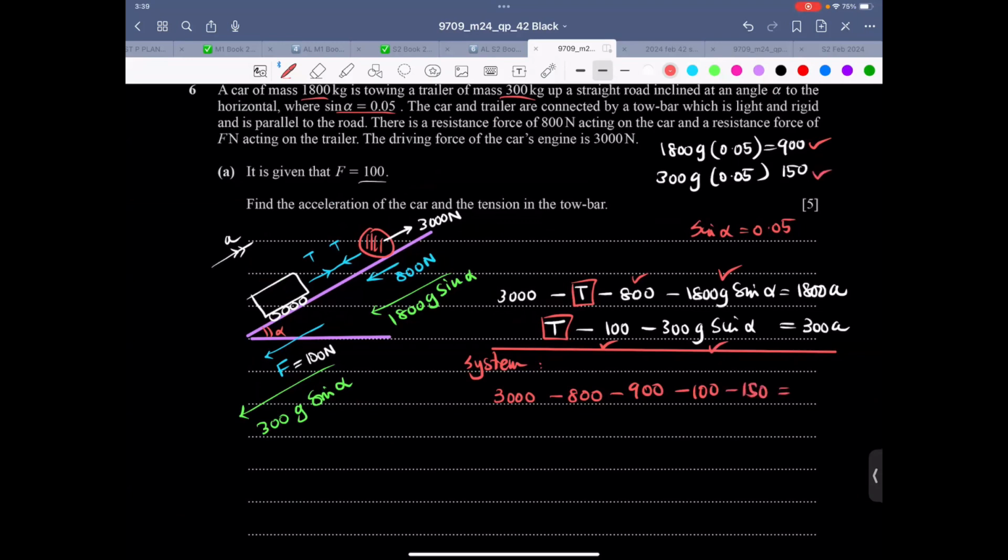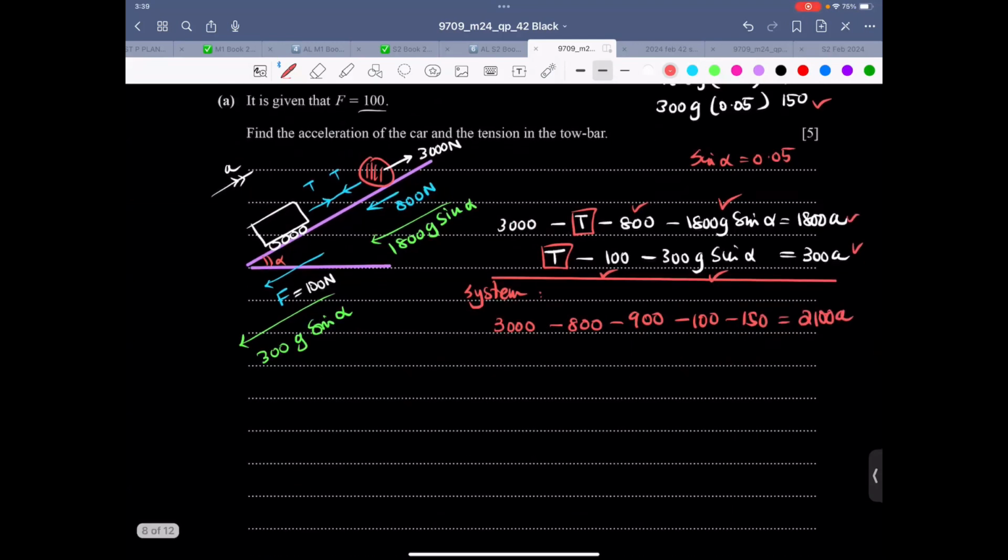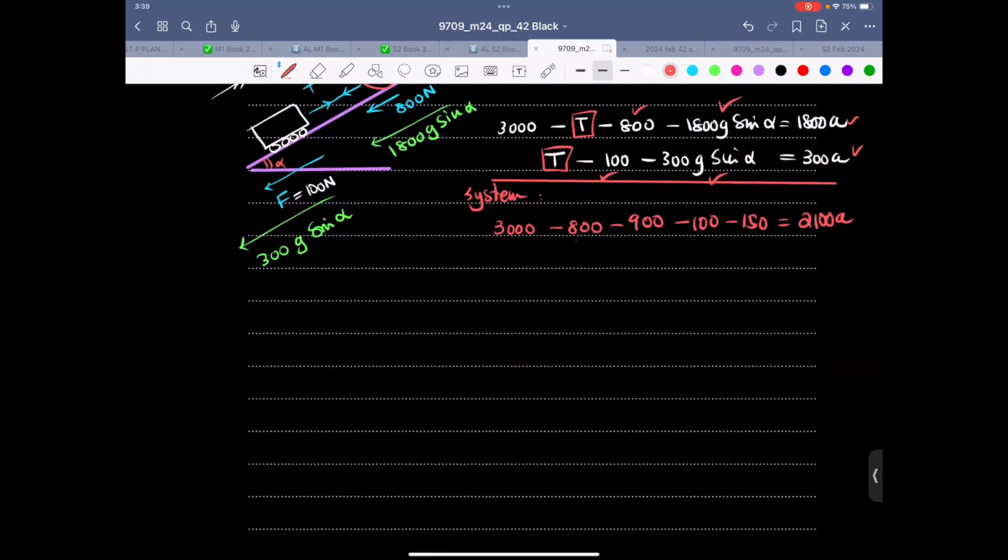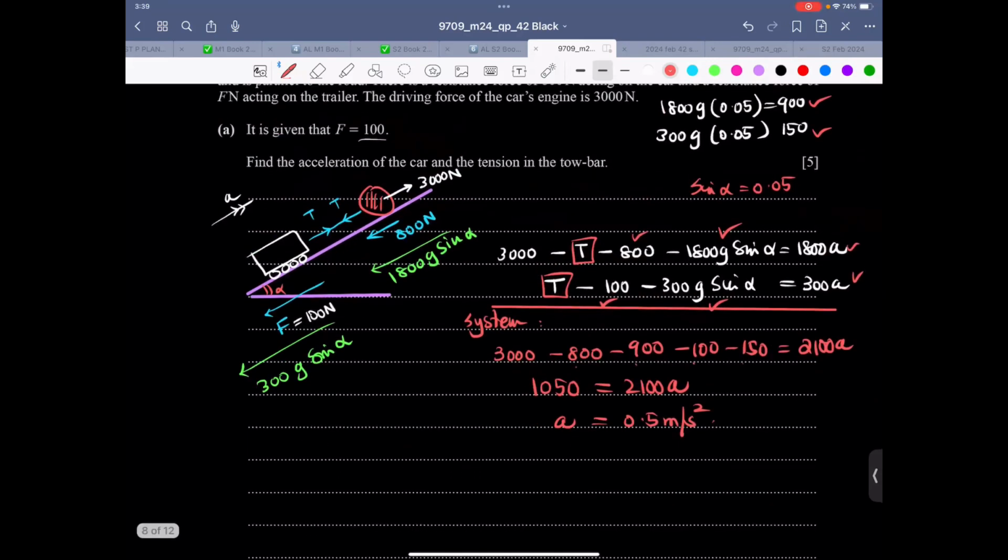This equals 2100 A, that is adding these two terms. So therefore, 8 and 9 is 17, 18, and this is 1950. So 1050 equals 2100 A, and we get a beautiful answer that is 0.5 meter per second square. That is the acceleration of this whole system.